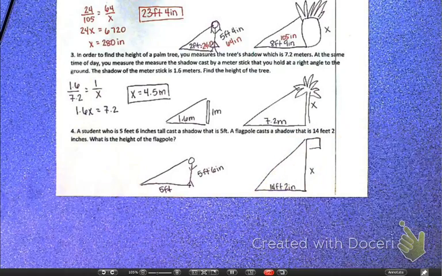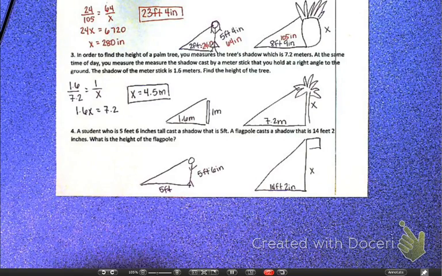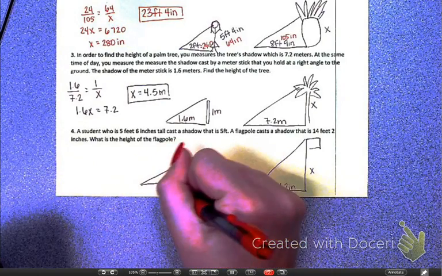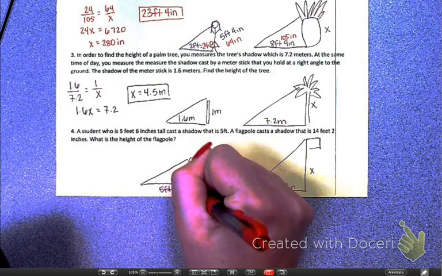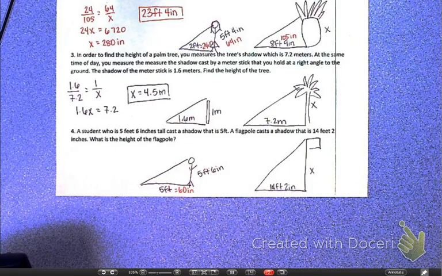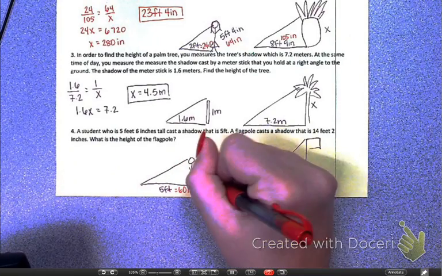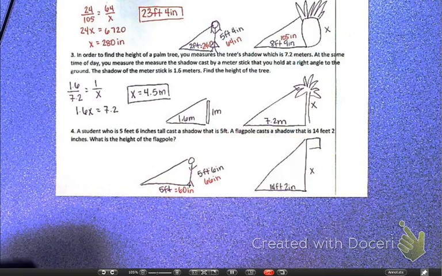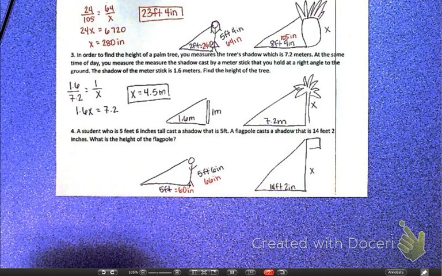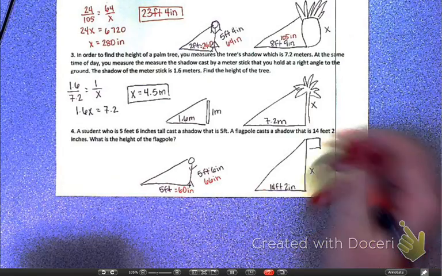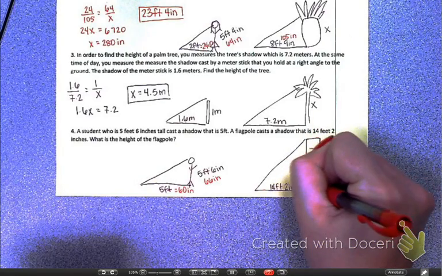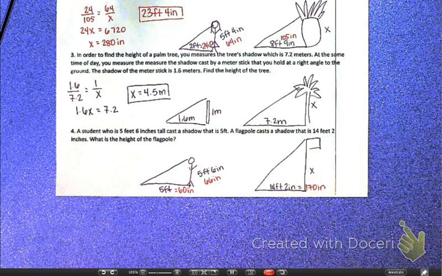What is the height of the flagpole? First thing you should have done is convert everything. So 5 feet converts to 60 inches. 5 feet 6 inches is 66 inches. And 14 feet 2 inches is 170 inches.